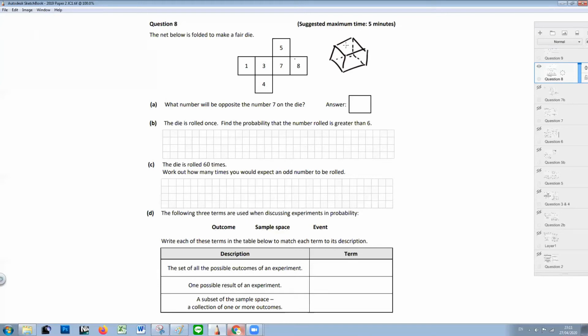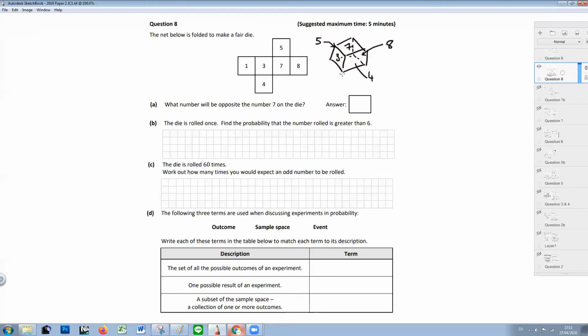So if we have 7 up here, we're going to have 3 here. 5 is going to be on this side. 4 is going to be here. Our 8 is going to be on this side.